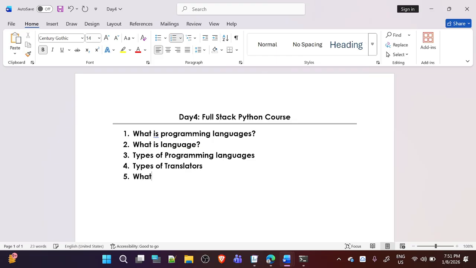Then what scripting languages are, and the difference between programming and scripting languages.